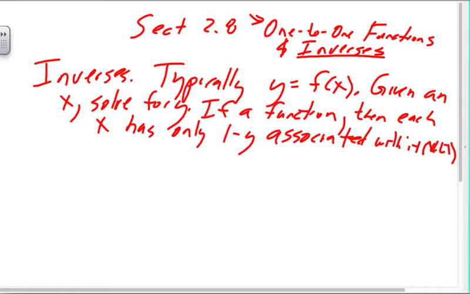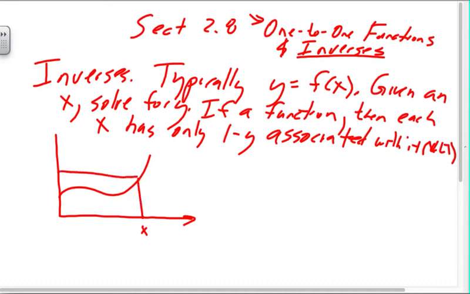Okay. And when you look at this graphically, you might have a function which looks like this. So if I give you this x value, you can come up over here and read off what the function is. Okay, and this is our normal setup.